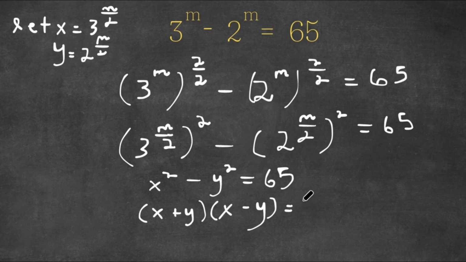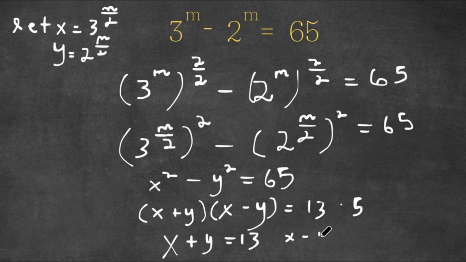So I have x plus y times x minus y equals 65. So now x plus y times x minus y is equal to 13 times 5, because 65 is equal to 13 times 5, meaning we could say that x plus y is equal to 13 and x minus y is equal to 5.